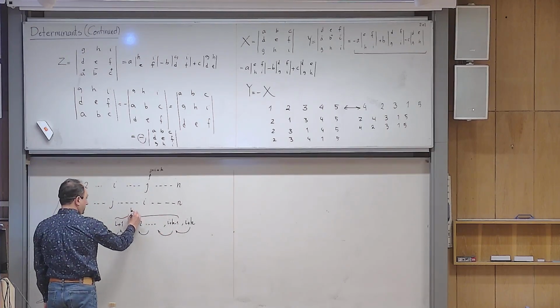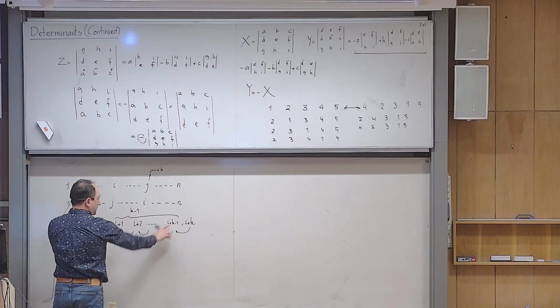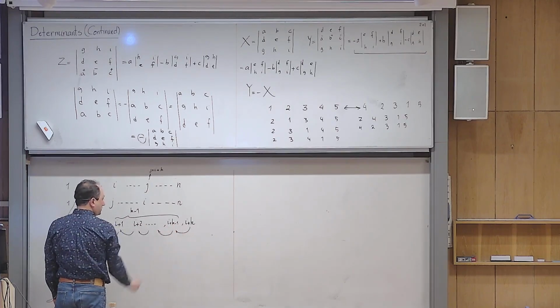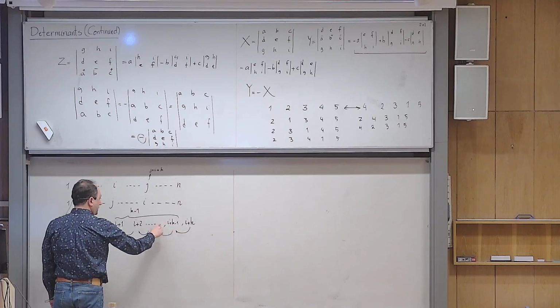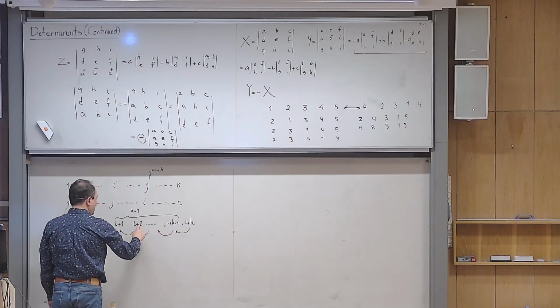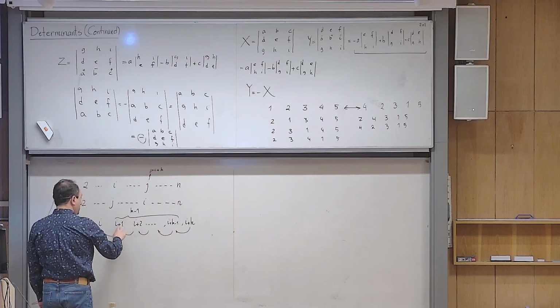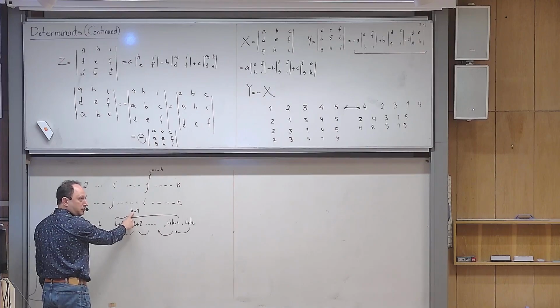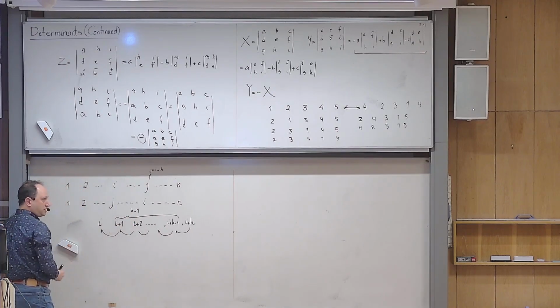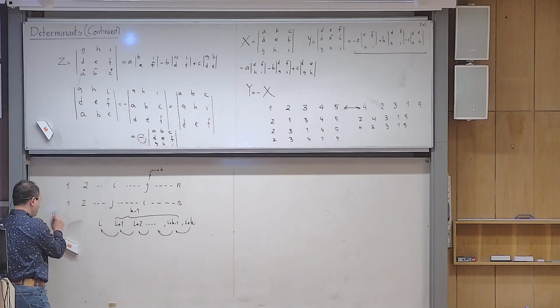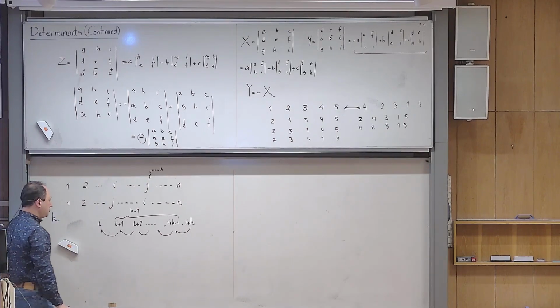K minus 1. So I do one interchange, so now it is here. Another interchange goes here, another goes here, another goes here. How many interchanges have I done? K minus 1 till now, but I need one more interchange to take it here. So I did k interchanges.